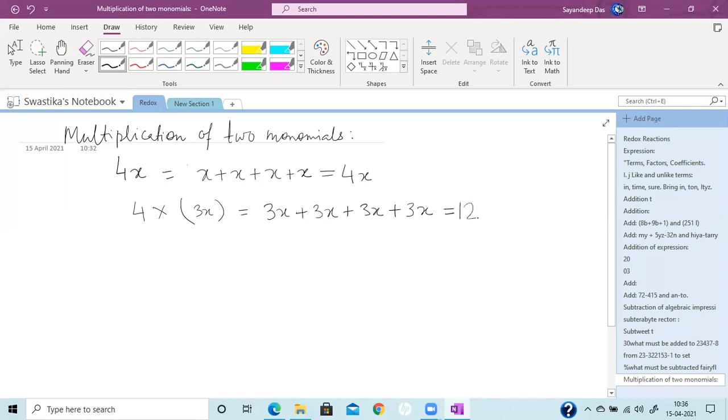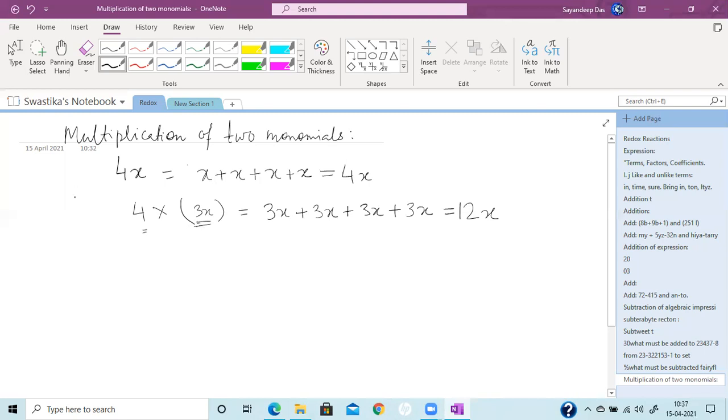This is becoming 12x. And if you multiply 4 into 3, you also get 12. So 4 into 3x or adding 3x 4 times are the same. So these are called monomials. 3x is a monomial because it contains only one term.